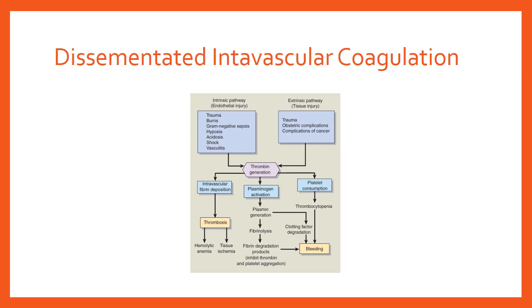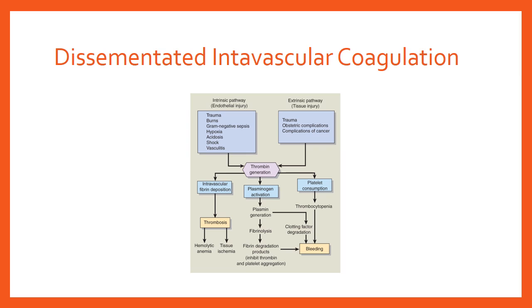TPAs will jump on plasminogen and activate it, which results in plasmin generation, which results in blood clot destruction, or fibrinolysis. And the products of destruction of the blood clot, or fibrin, will inhibit thrombin and platelet aggregation.